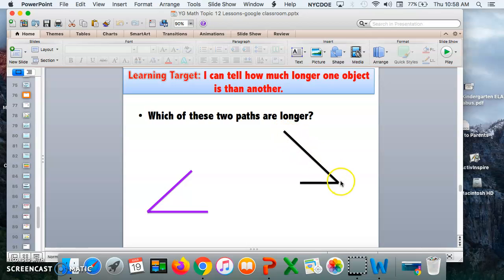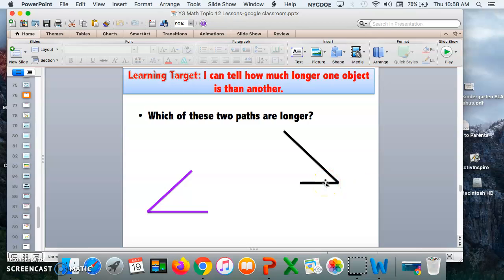So from here to here is about 4 centimeters, and from here to here is about 2 centimeters long. So our equation would be 4 plus 2. So 4 plus 2 is equal to 6.